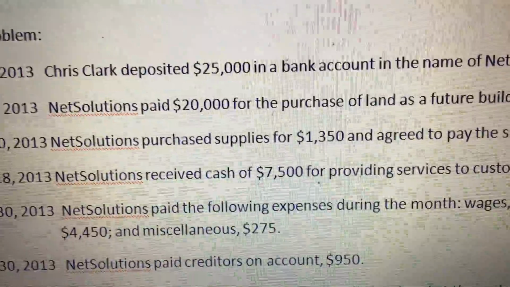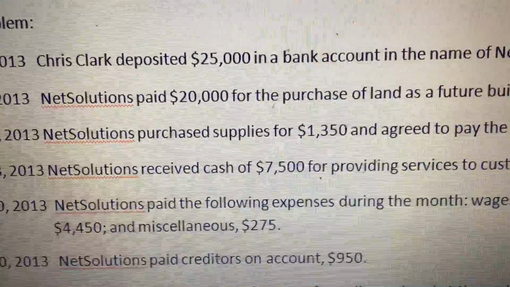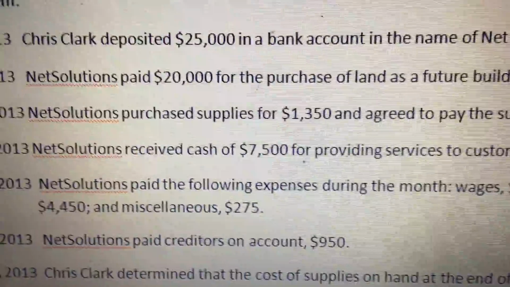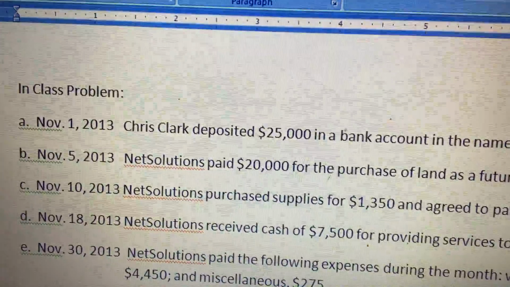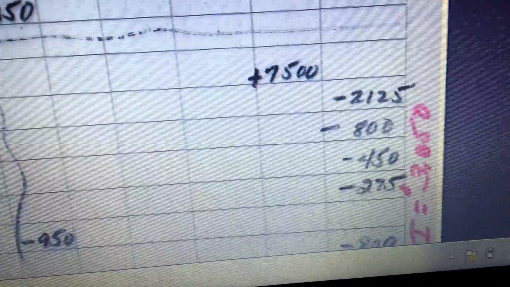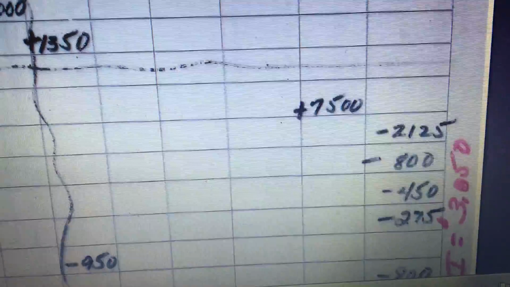So be sure and mark off that $4,000. That's an error. It should be $450. Now, if you remember when we did this on our transaction analysis, we just grouped it all under expenses on this side. Here we have to give them names.